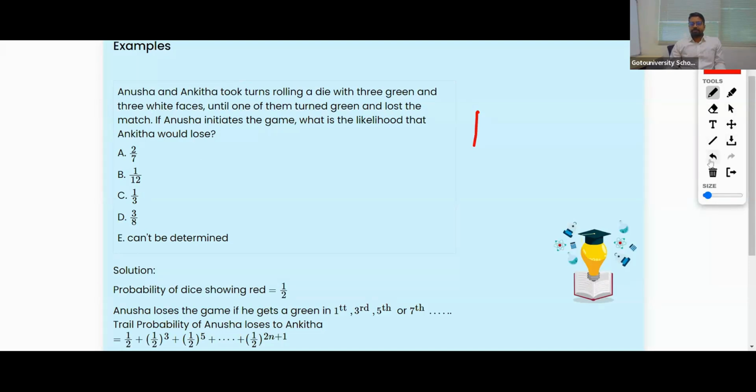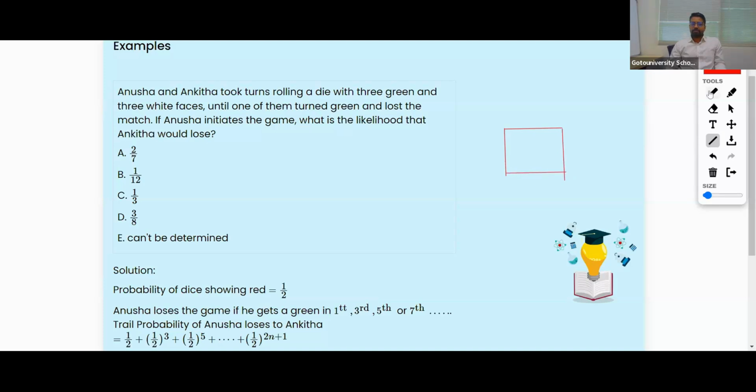You know how the die looks like, right? A die has how many faces? 6 faces. In those 6 faces, it is told that 3 faces are green and 3 faces are white.